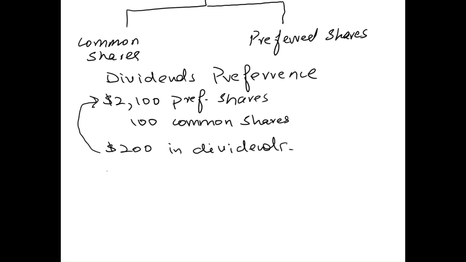The other difference is preferred shareholders have something called liquidation preference.